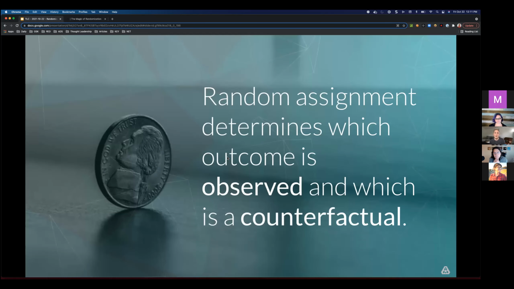So what random assignment helps us do is determine for each subject which potential outcome we're actually going to be able to observe. And then the other potential outcome that we cannot observe, so what they were not assigned, becomes what we call a counterfactual. It's like the hypothetical thing we did not get to see.